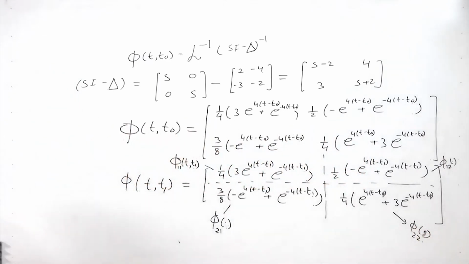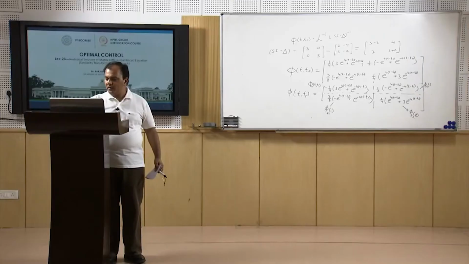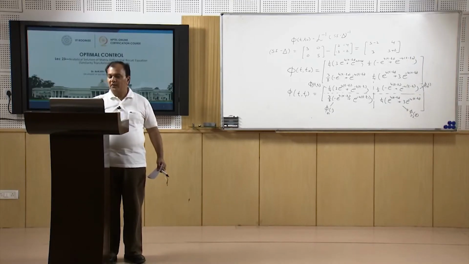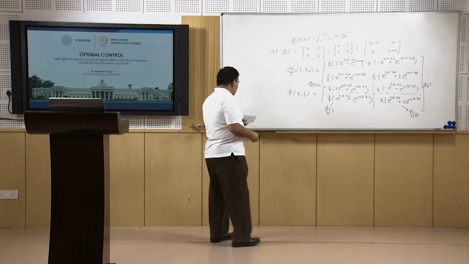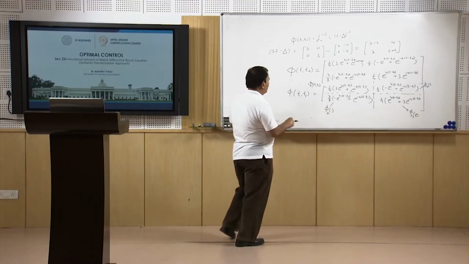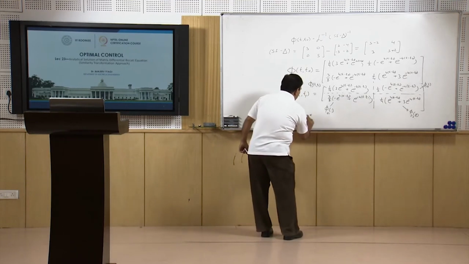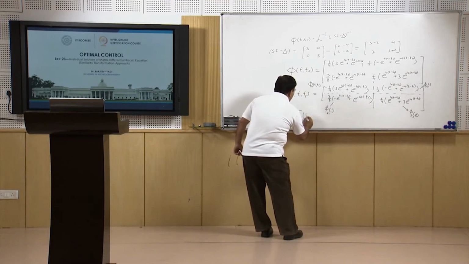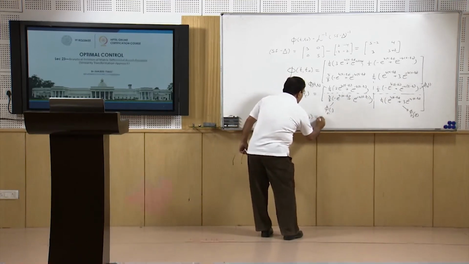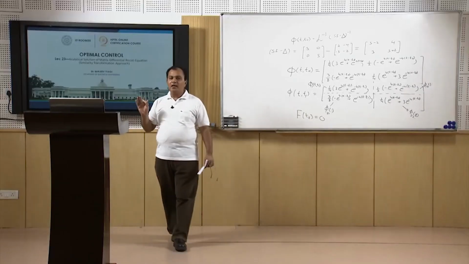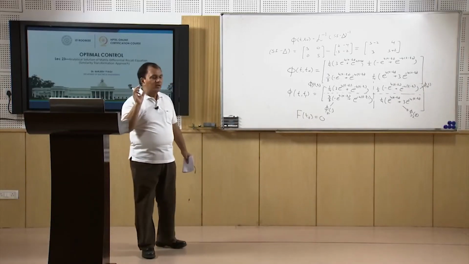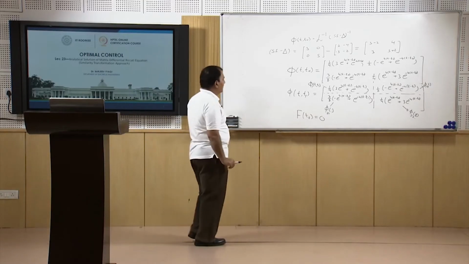And if I see what is my matrix P, this is phi 21, phi 22 into F, phi 11, phi 12 into F. What is F of TF in this case? F of TF is 0 because we have not considered any terminal cost in defining the J.